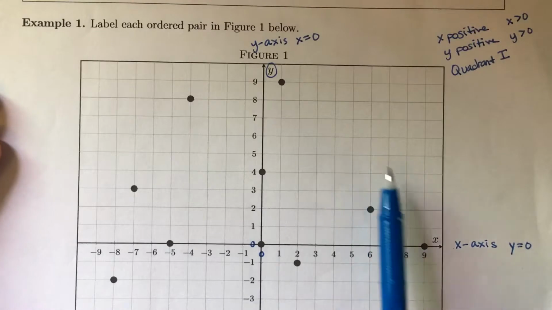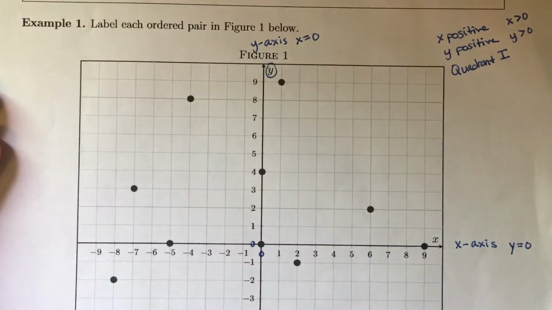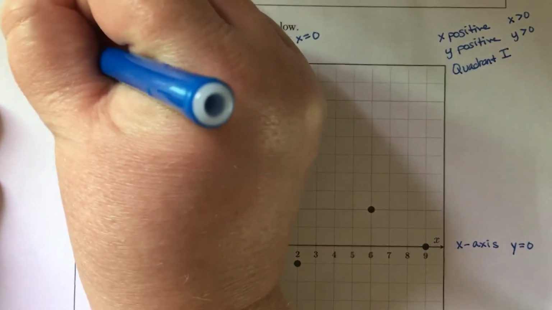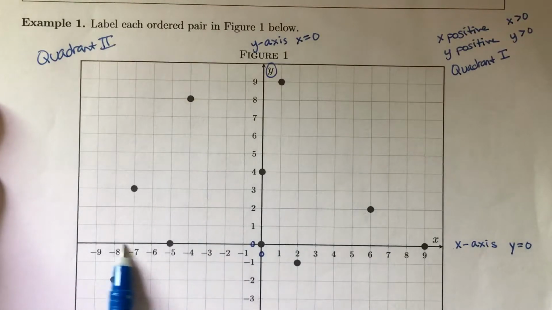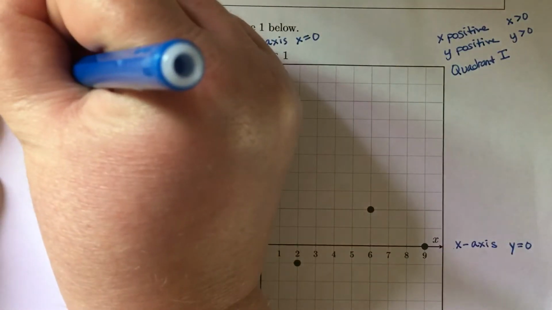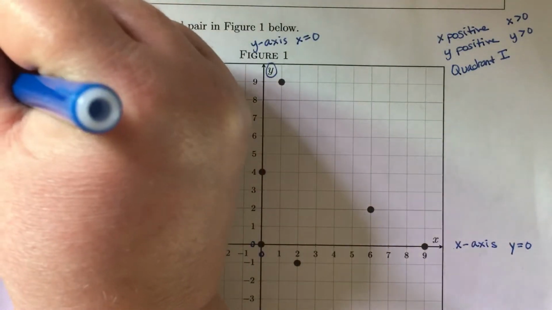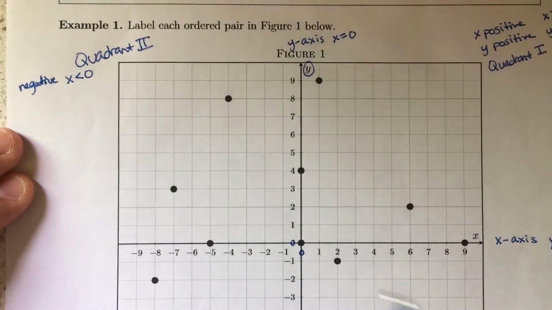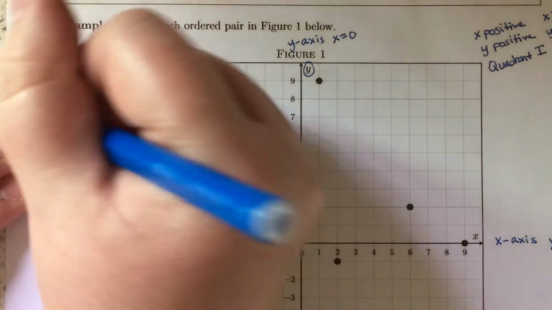Then we always go counterclockwise. So the next quadrant is over here. This is quadrant 2. And if we look in quadrant 2, the x values side to side are negative. So x is less than 0, or negative. The y values, though, are still positive.